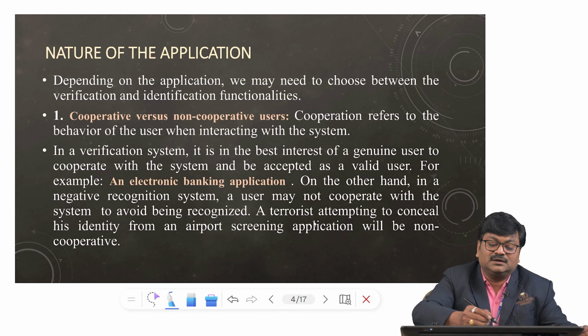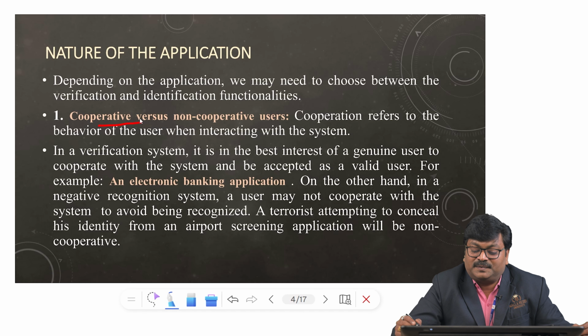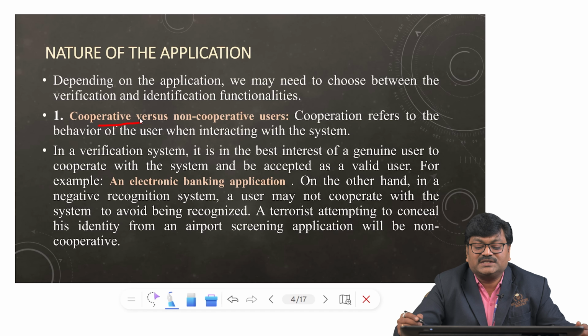The first one is whether it is cooperative or non-cooperative. It depends on whether the user is able to cooperate with the biometric system or not. Based on that, I need to choose the nature. So how well we are interacting with the particular system, we'll consider it as cooperative.